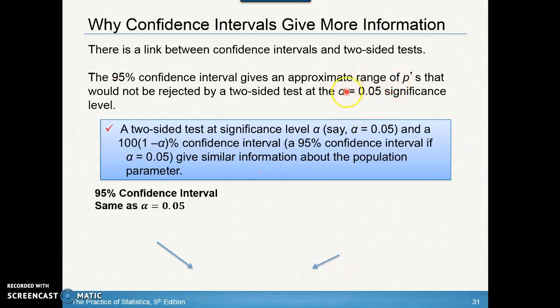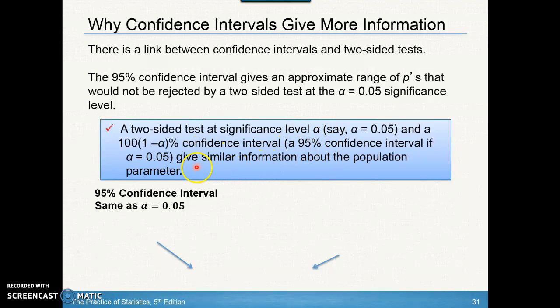Alpha is 5%, that's our rejection, that corresponds to your 95%. All right. So a two-sided significance test, say alpha is 0.05, and a 1 minus alpha confidence interval. That's basically like saying if we're testing at 5%, take 1 minus 5%, and that gives you your 95% confidence interval.